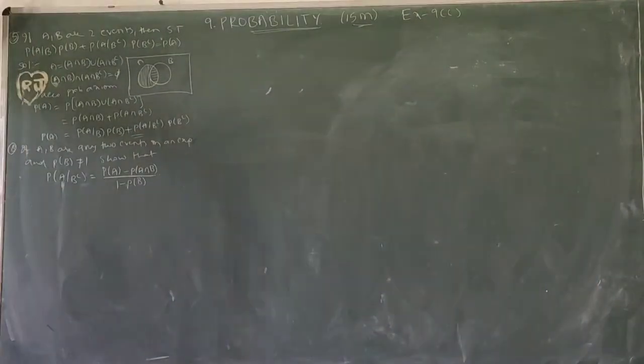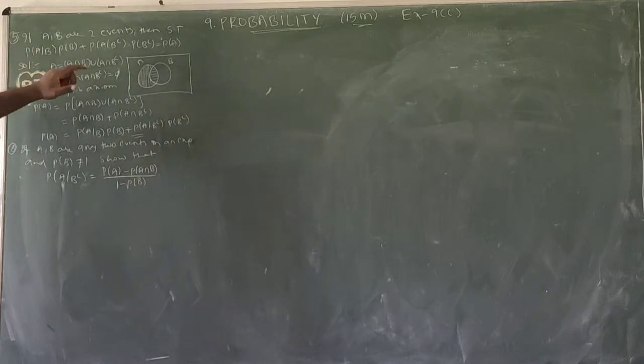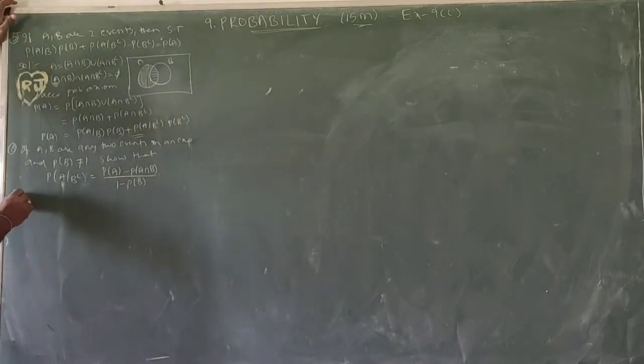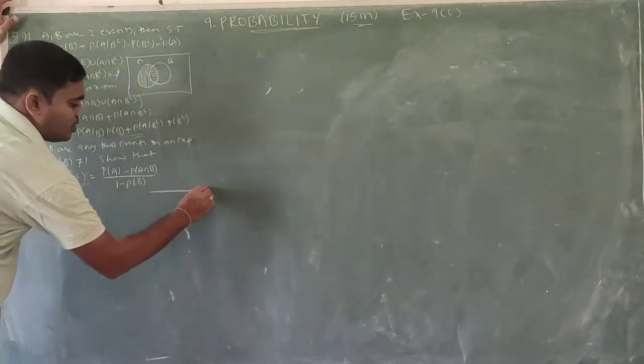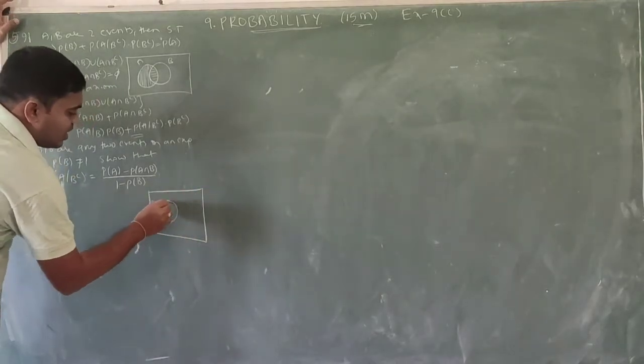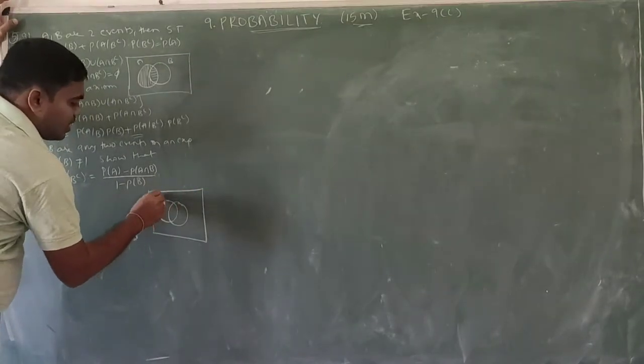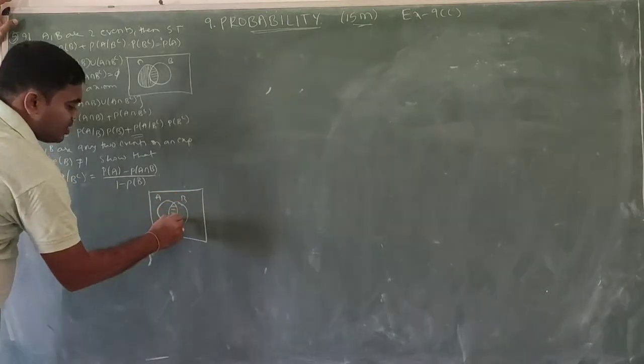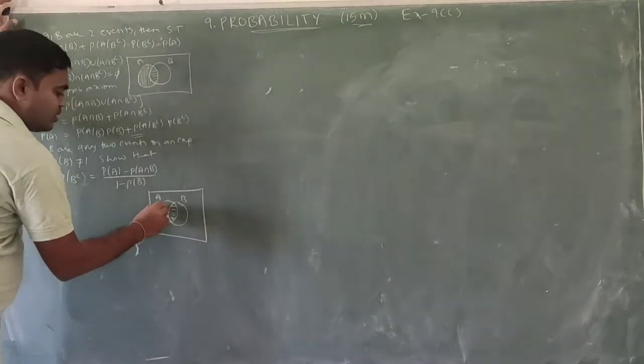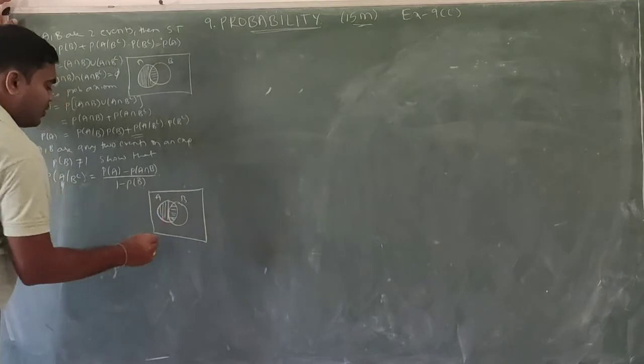Now, P of A given B complement: the same proof I want to write now. So again I am taking the solution with A and B. This is the A intersection B part. This is the A intersection B complement part.